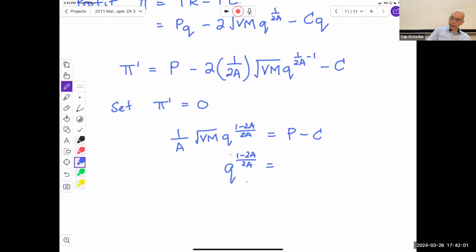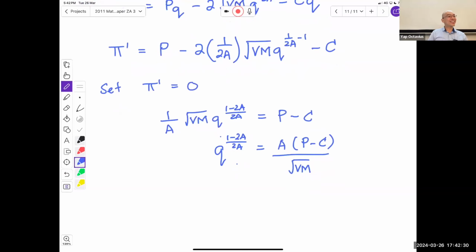Okay, multiply the A across: A times this, P minus C, then divide by the root. So what is Q equal to?